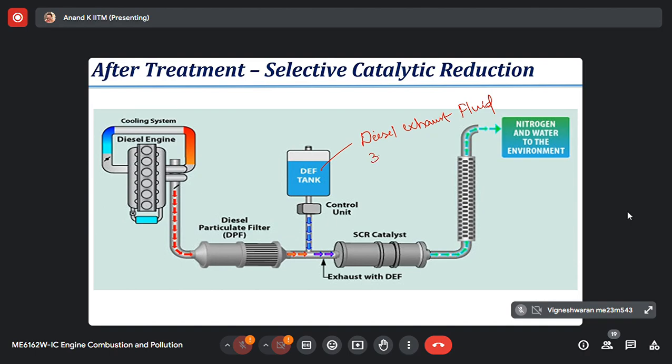Diesel exhaust fluid consists of 30 to 40% urea plus 70 to 60% water. This is DEF, diesel exhaust fluid. So you store it here. Basically, in this system, ammonia is used as a reducing agent.